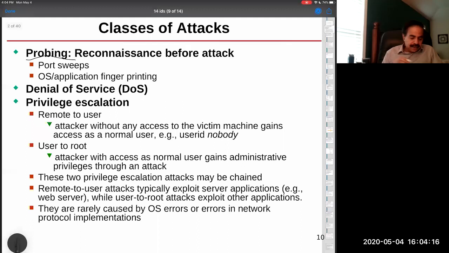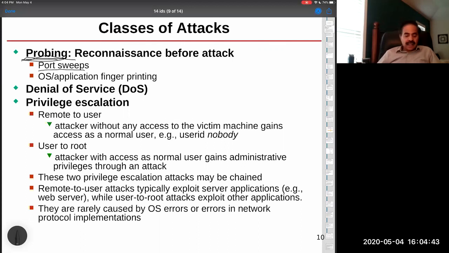So there is probing, which is sort of the first step, right? An attacker wants to probe the target system to identify the vulnerabilities, and probing often uses port sweeps, which is a process of trying to connect to various ports to see what services are running.